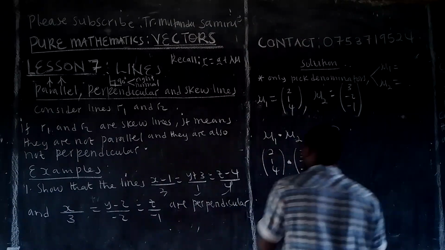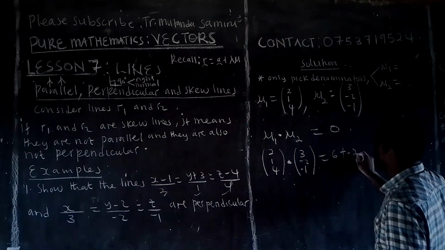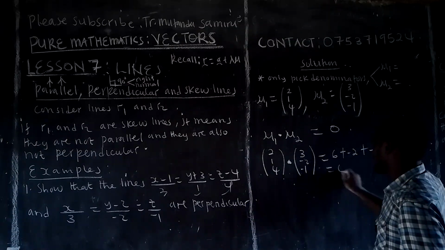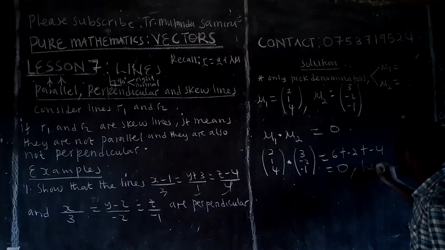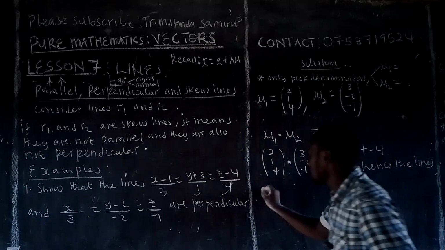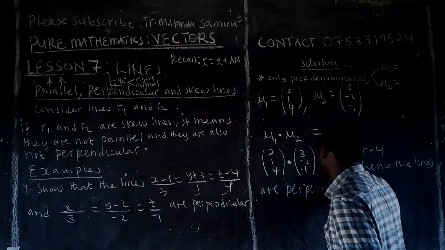This will give us 2 times 3, which is 6, plus 1 times negative 2, which is negative 2, plus 4 times negative 1, which is negative 4. You see that this is equal to 0. Hence the lines are perpendicular.